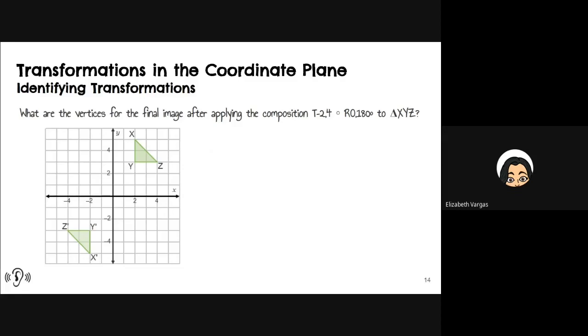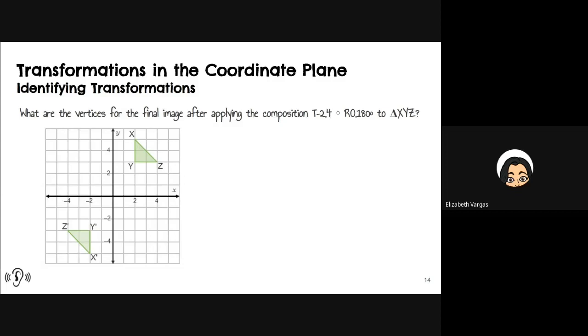And so here we have an example of transformations in the coordinate plane. This question is asking us to identify what the vertices are of the final image after applying the composition. And remember, we read this from right to left. So first we have a rotation about the origin 180 degrees, and then a translation of -2 on the x and +4 on the y.